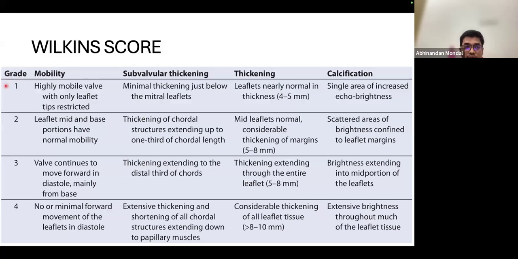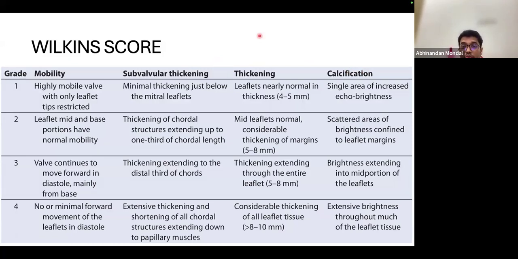So grade 1, grade 2, grade 3, and grade 4, for all these four things, the maximum Wilkins score possible is 16. If the value is less than 8, that means the valve is more pliable and you can go for BMV.